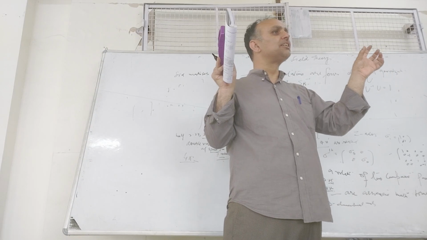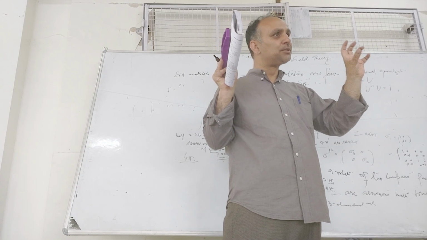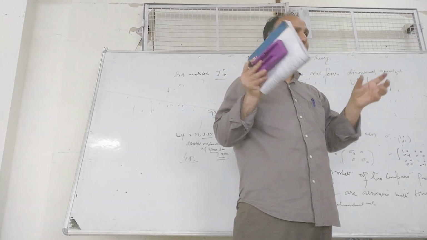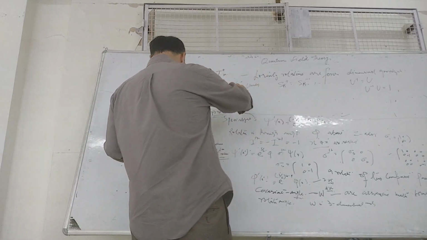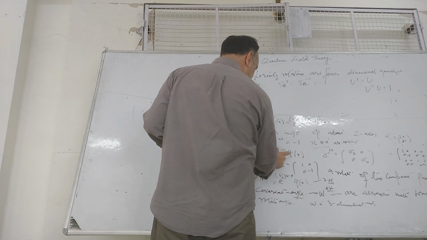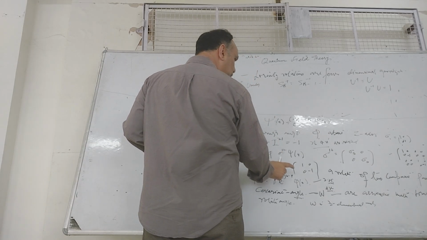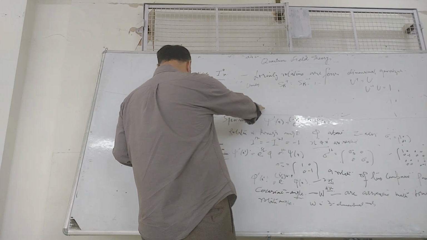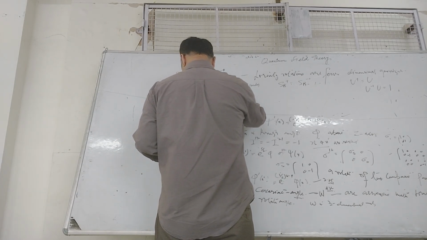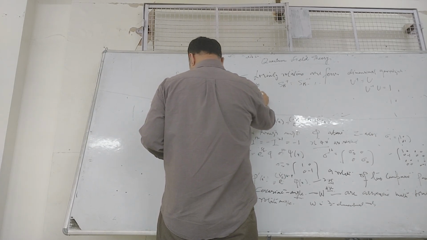So we have to see that something is preserved: preservation, covariance. So we are again going to use this property, in the way you have defined sigma.